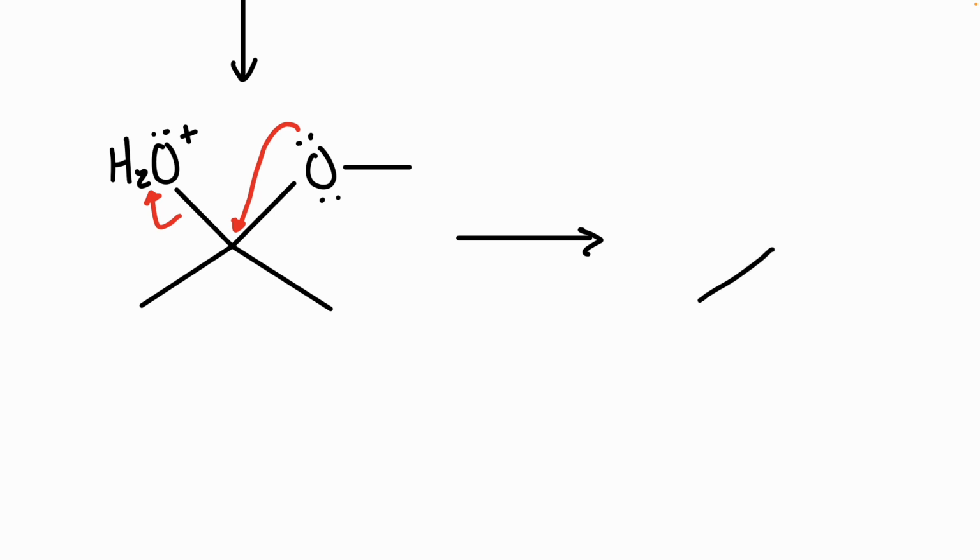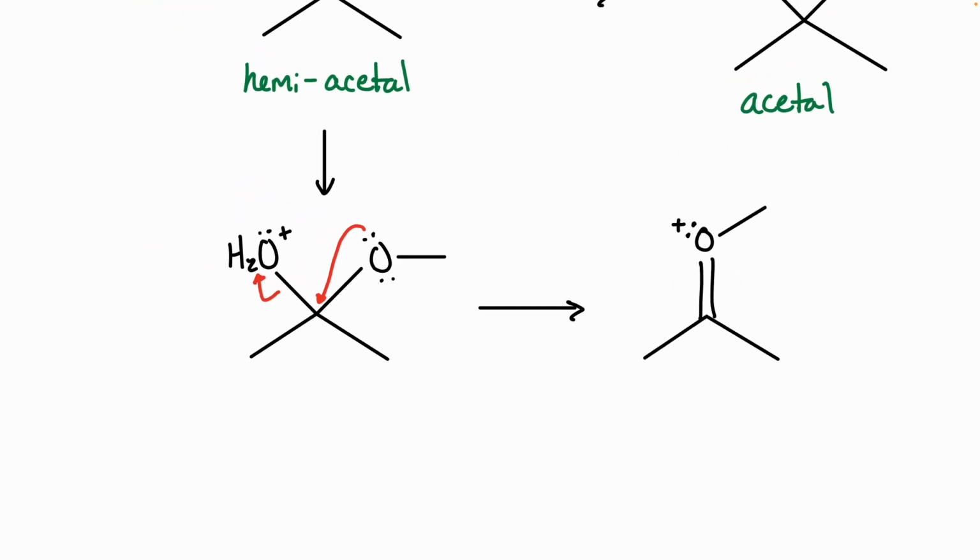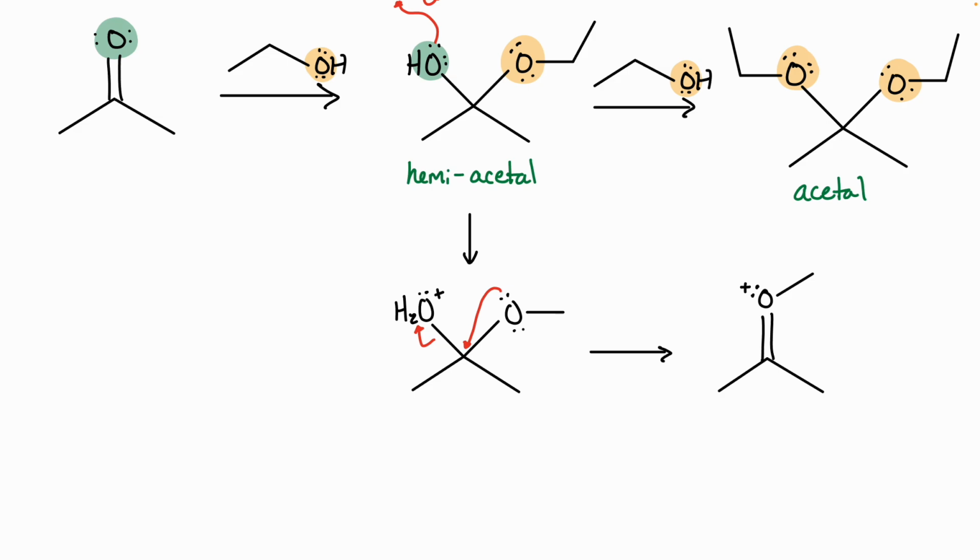Right, so just following my electron pushing arrows here. When that pair of electrons on that oxygen comes down, it forms a carbon-oxygen double bond. Now that my oxygen has 3 bonds and 1 lone pair, it's going to have that formal charge of +1. Oh, I forgot a carbon, I'm sorry.